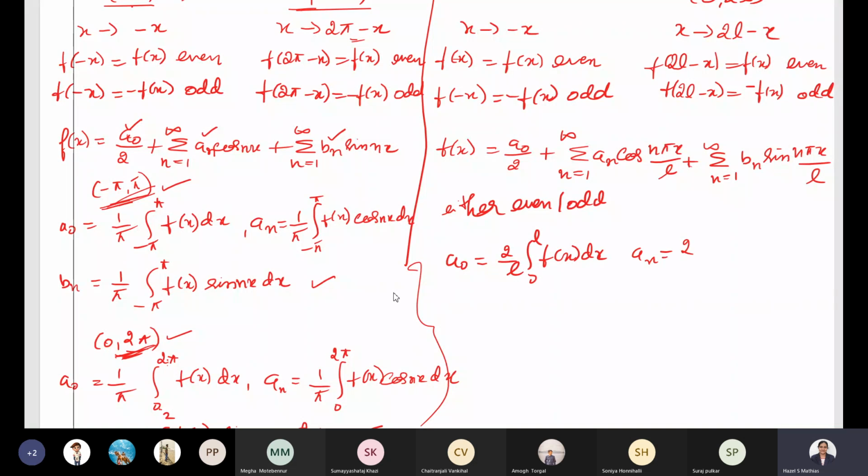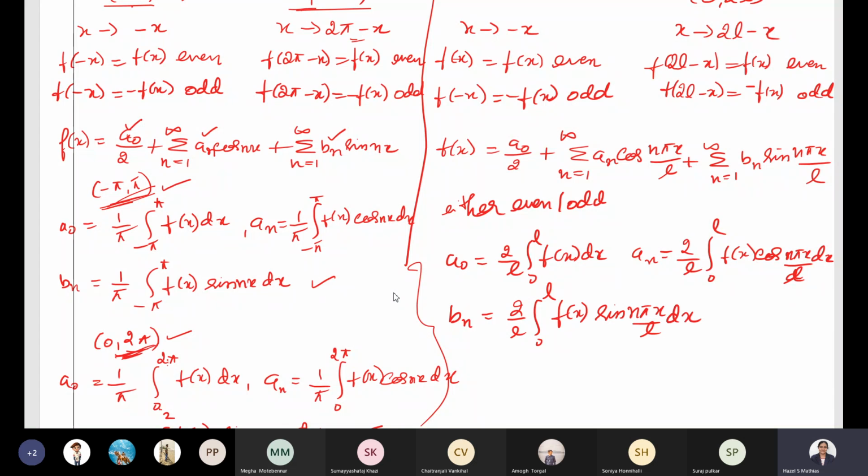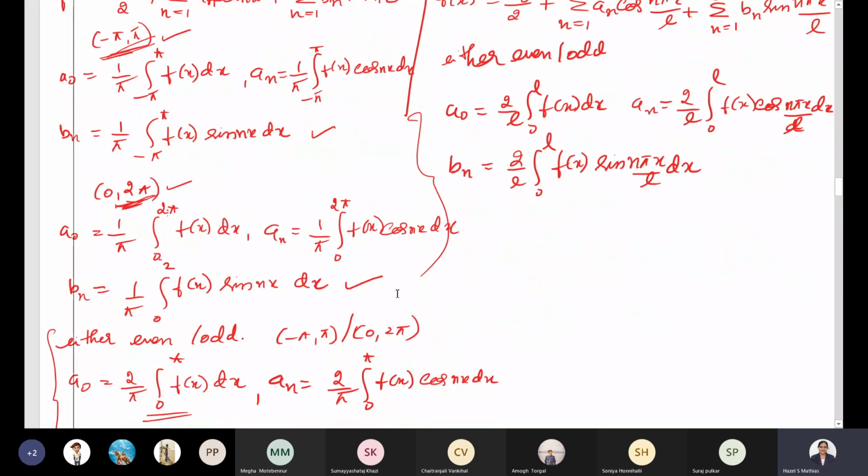An will be what? 2 by L integral 0 to L f of x cos n pi x by L into dx. Similarly, Bn will be 2 by L integral 0 to L f of x sin n pi x by L into dx. This is when the function is either even or odd.